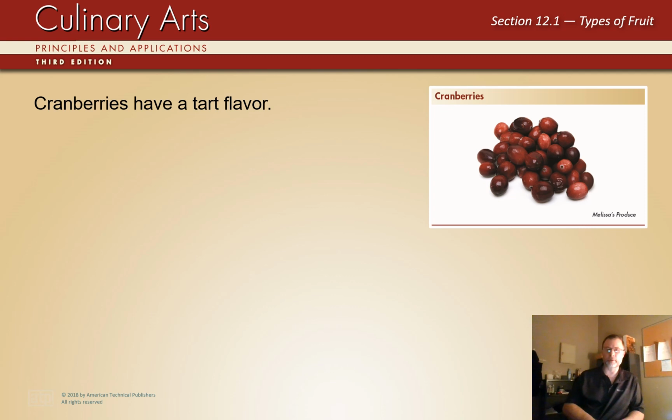Very tart. We use it as cranberry sauce, they're good with meats and chicken and poultry. So at Thanksgiving, when we're serving our turkey meal, it's very common to have cranberry sauce served with the turkey.